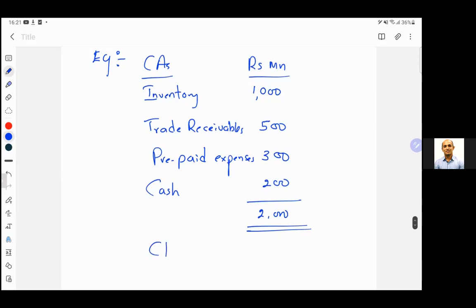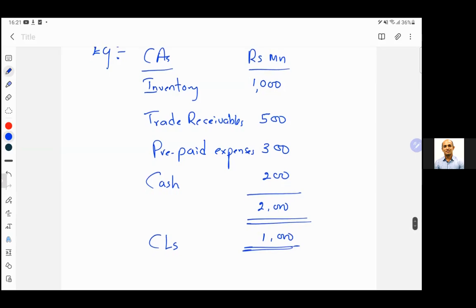Let's say current liabilities, 1000. So my question is, how much is the current ratio of this company?